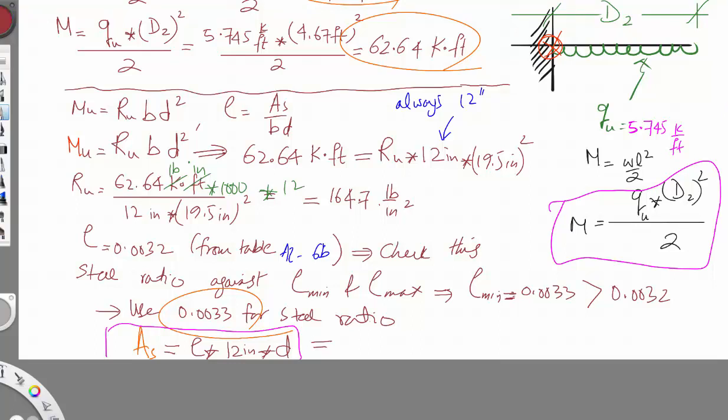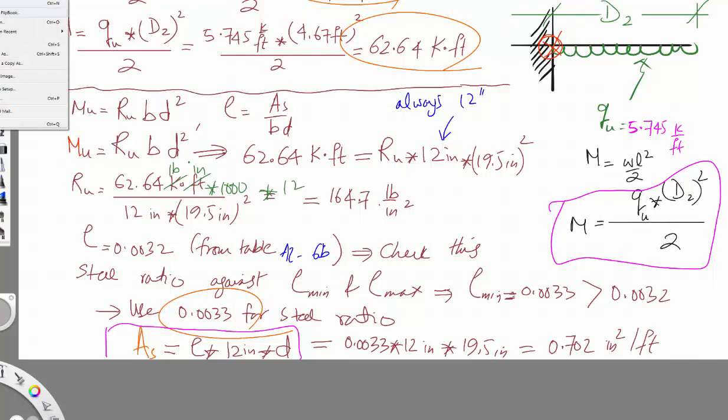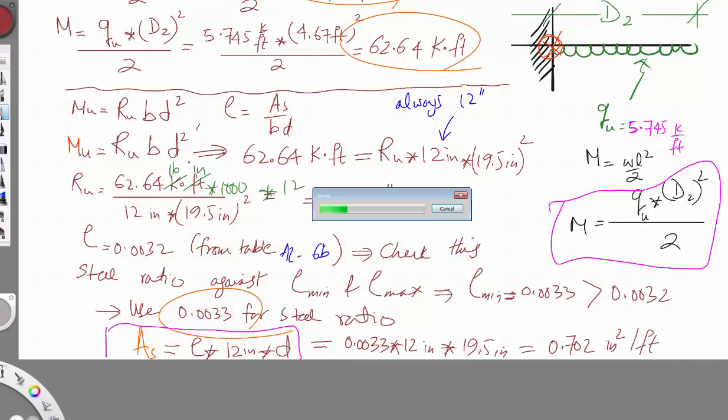As is equal to steel ratio 0.0033 multiplied by 12 inches multiplied by the depth is 19.5 inches, and we get the steel to be equal to 0.702, that is inch square per foot, because we are designing all of this per foot. Okay, so let's move to the next page.